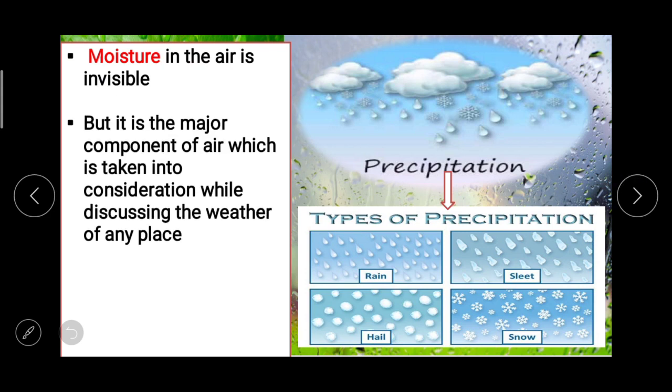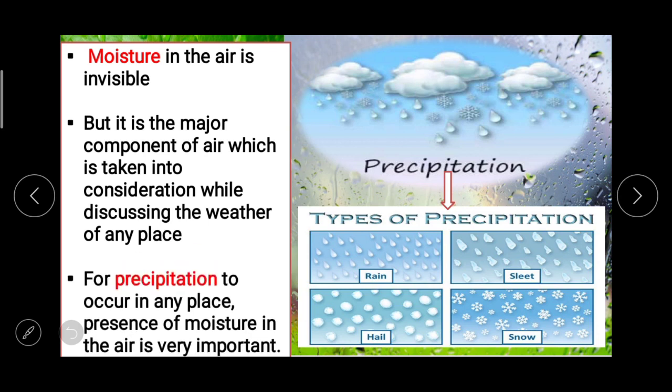For precipitation to occur in any place, the presence of moisture in the air is very important. Now what is precipitation?